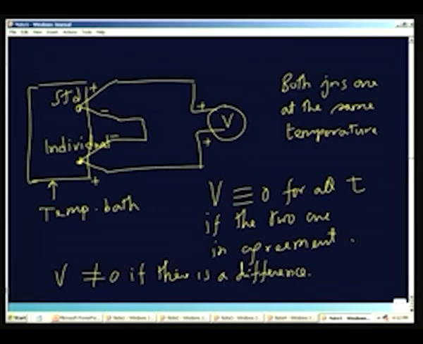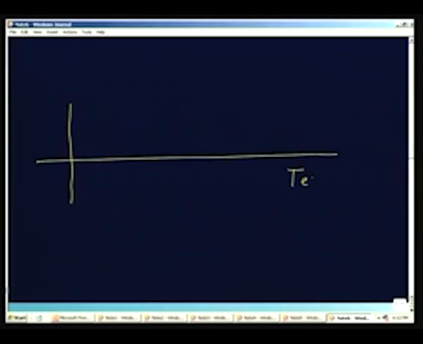So, if I make a small plot like what I am going to show in the next slide, I am going to make a plot like this. This is the temperature of the bath.